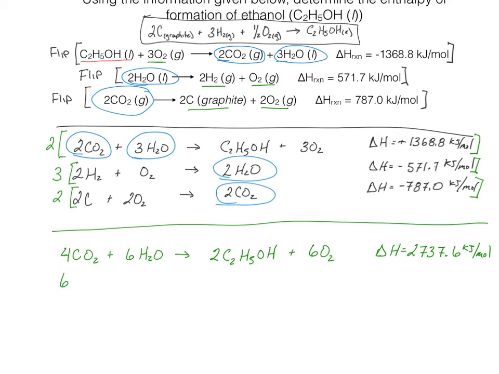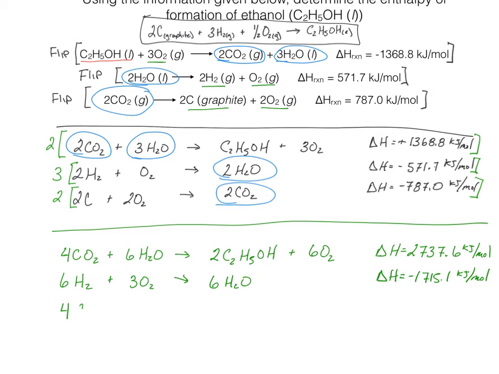And then I get 6H2 plus 3 O2 goes to form 6H2O. And I have to multiply my delta H by 3, gives me a negative 1715.1.